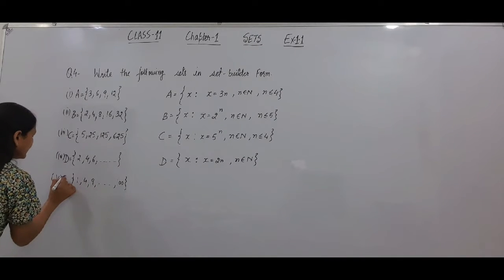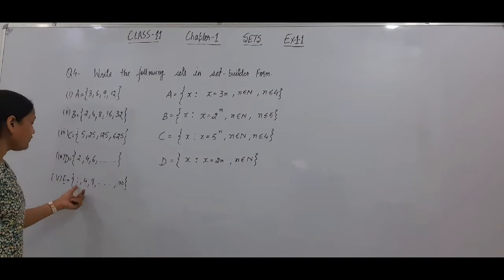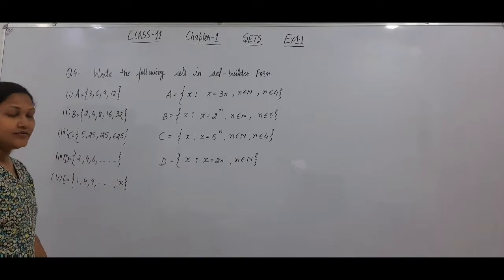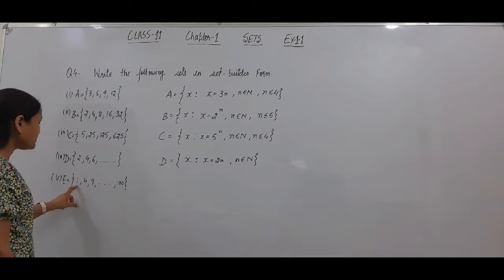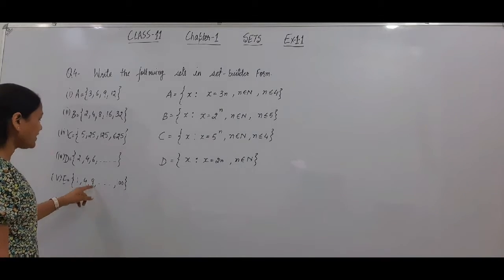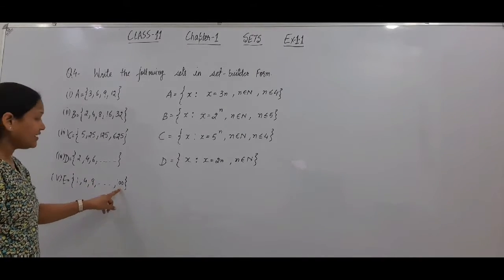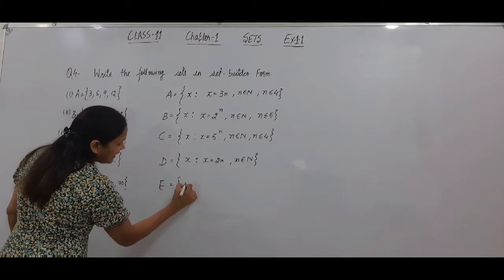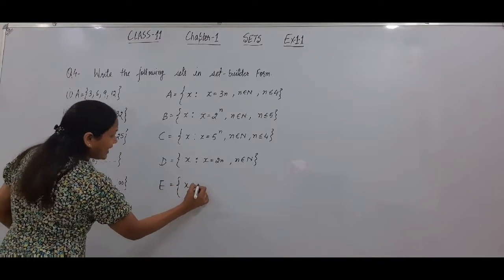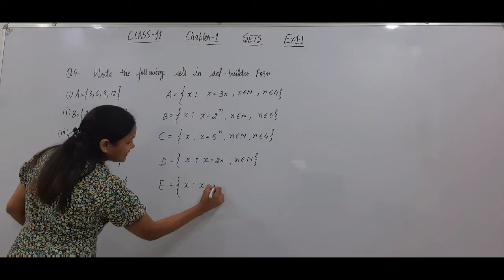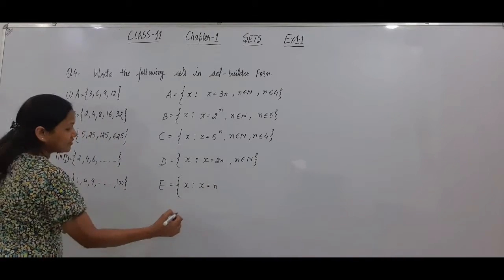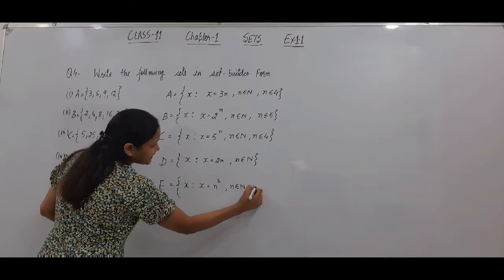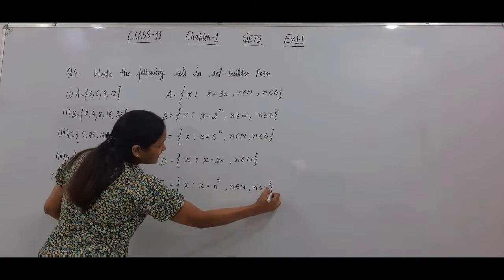Now the fifth one, let us take this set as E: 1, 4, 9 and so on till 100. That is 1 square, 2 square, 3 square is 9, 10 square is 100. So E can be written as x such that x is equal to n square, where n belongs to natural numbers but is less than or equal to 10.